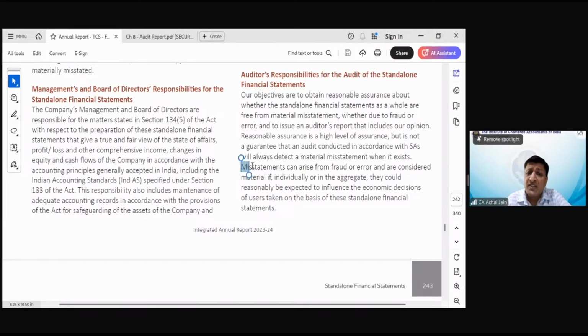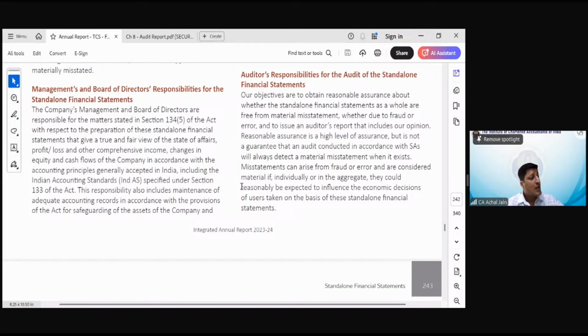He's saying misstatements, which is nothing but a fraud or an error or any type of mistake, will be called material misstatement if individually or in aggregate they could reasonably be expected to influence the economic decisions of the users taken on the basis of these financial statements.